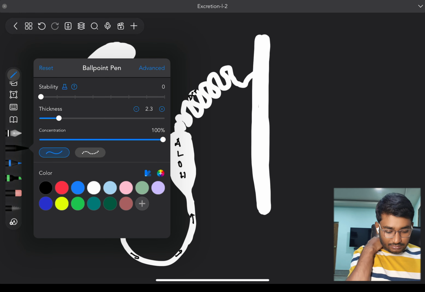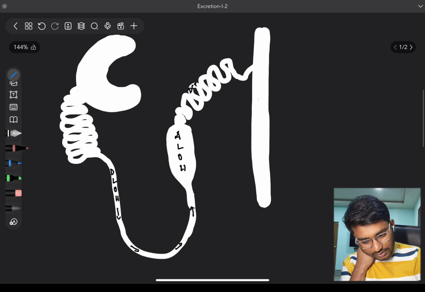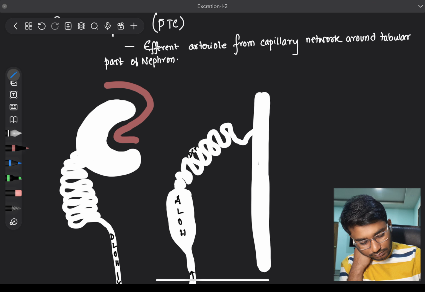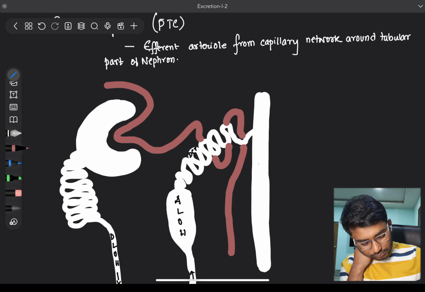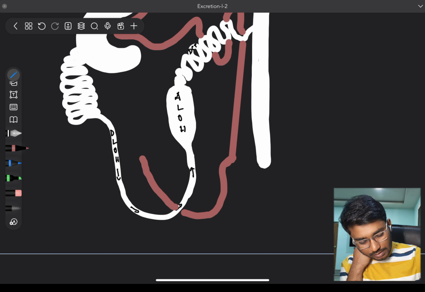Now, this is the vasa recta. Through this, the counter current mechanism happens.